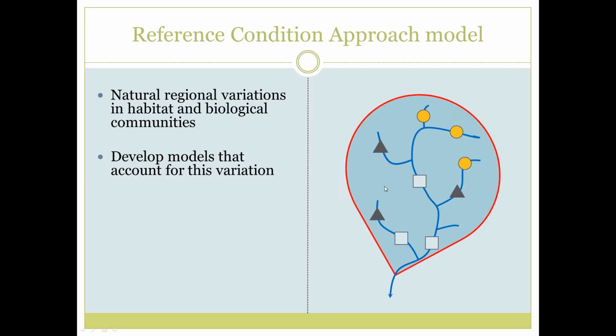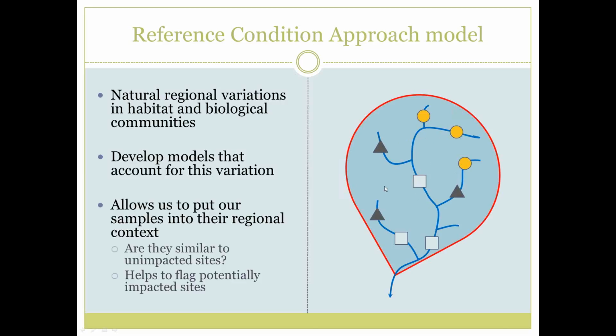And so in order to assess the health of our river systems, we need to be able to develop a model that will account for this natural variation across different scales. What a reference condition approach model allows us to do is to put a sample that you take, let's say you take this sample here, into its regional context.